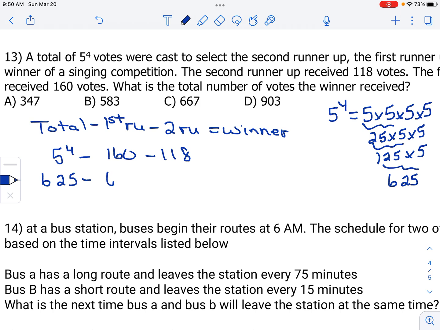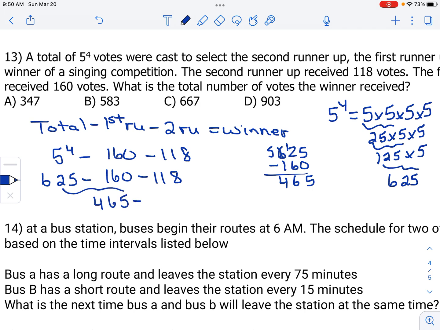Then we're going to subtract 160 and the 118. All right, so 625 minus 160 would be 465. And then we're going to take away 118 votes from that. Oops.